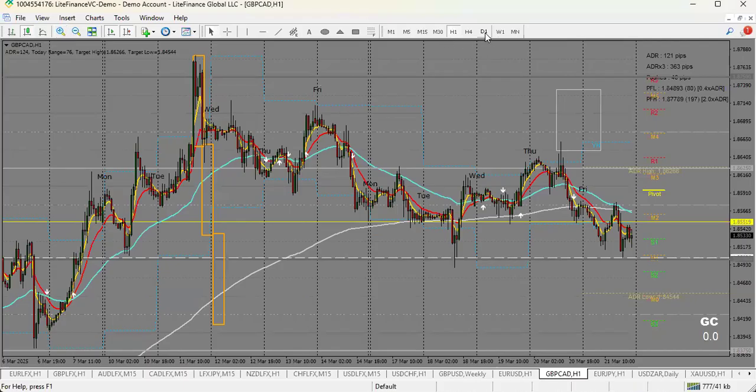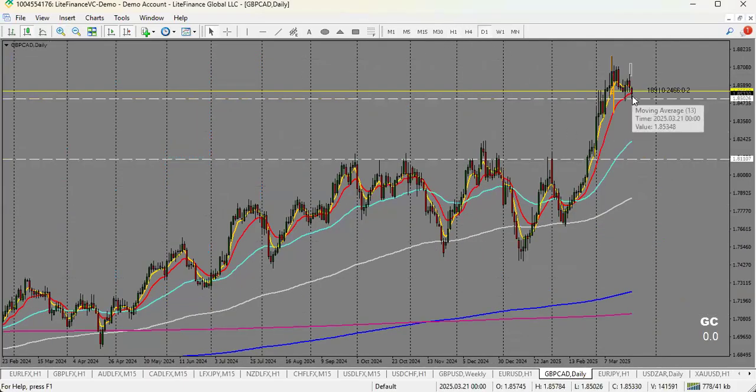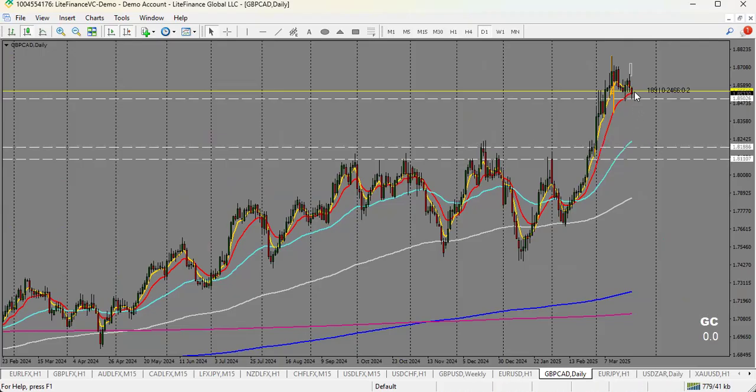So if price breaks this point and reaches the ADR times 3, then we should be expecting price to come down to this area here or to this zone up here. So we should be expecting a reset and a downfall to this point before price returns back to its bullish trend.